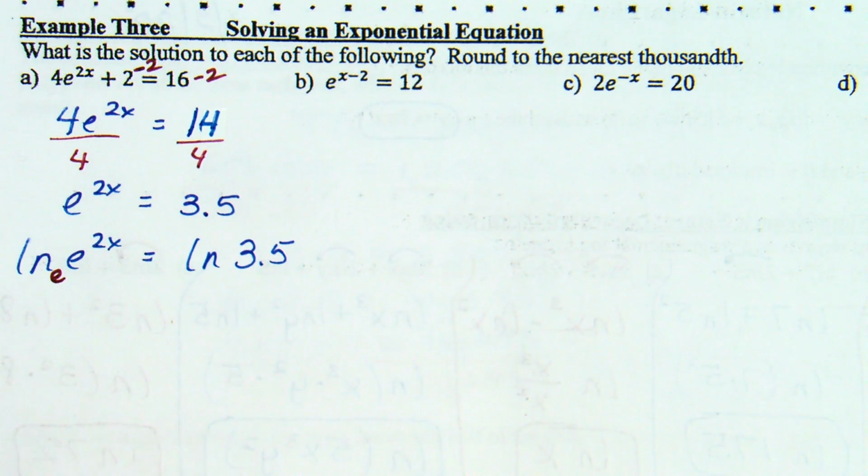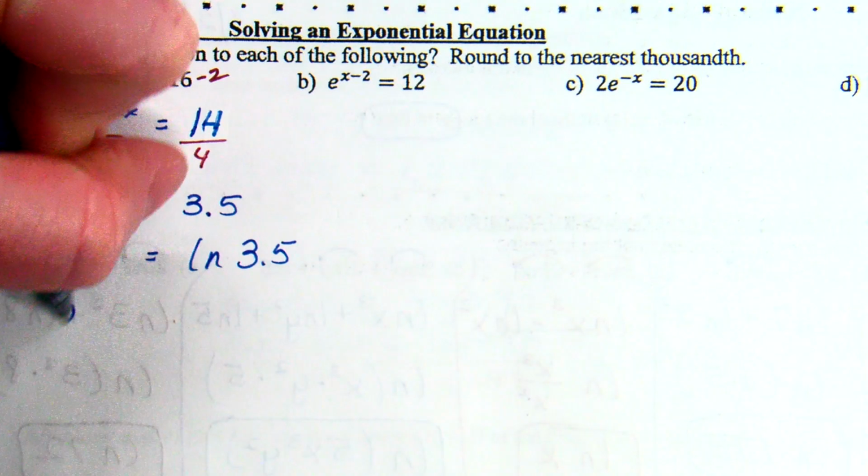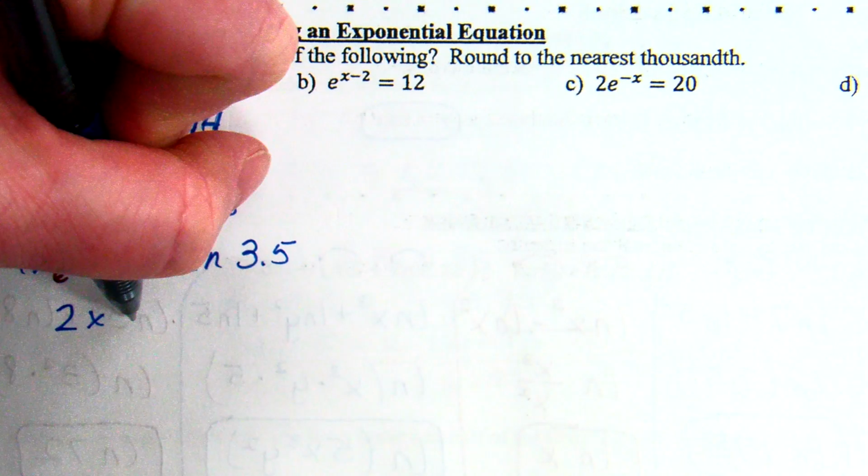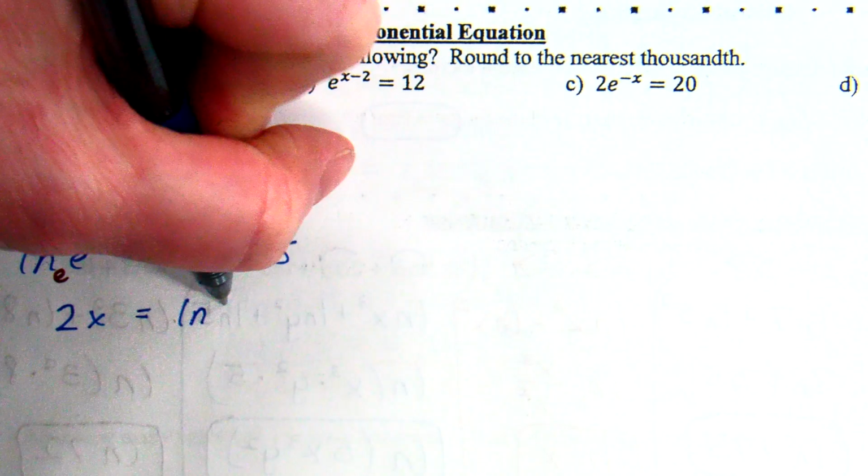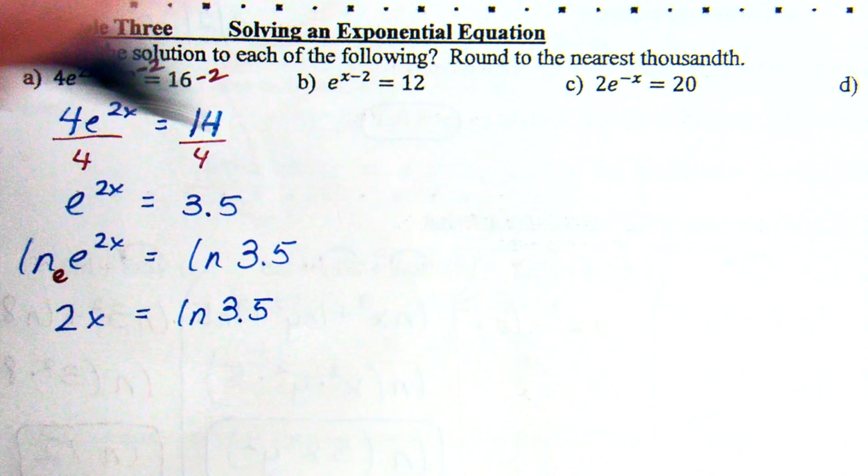If this base is the same as the base on the power here, this whole side is equal to your exponent. The natural log of e is just 1, but then since we have that power, this whole side is equal to 2x. So you end up with 2x equals natural log of 3.5.